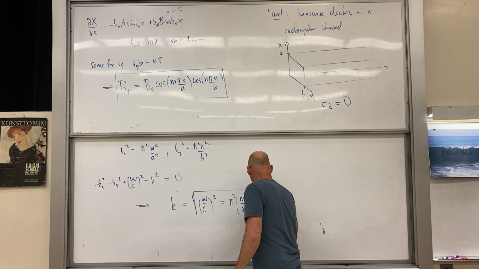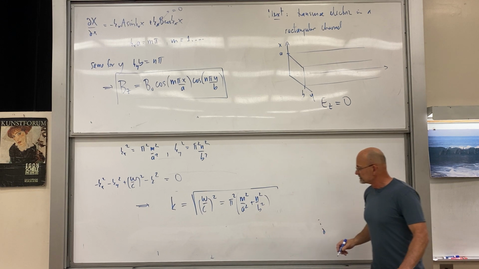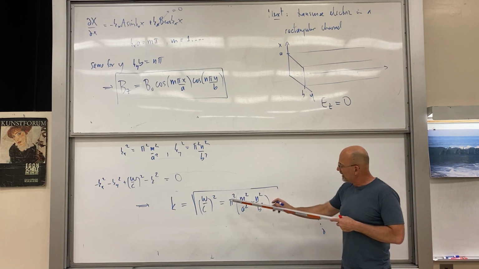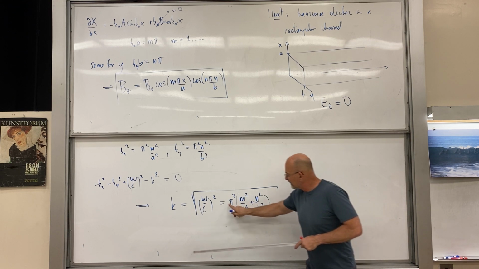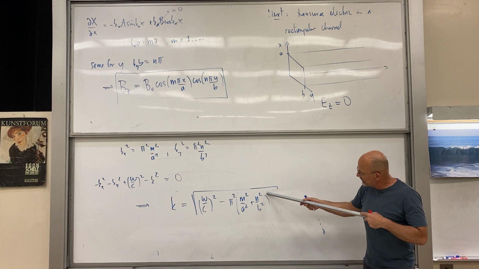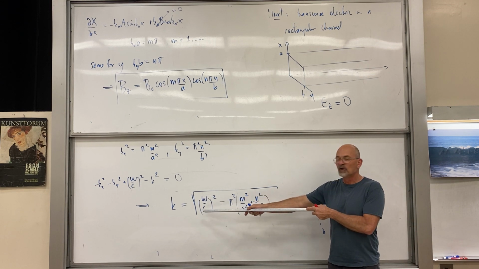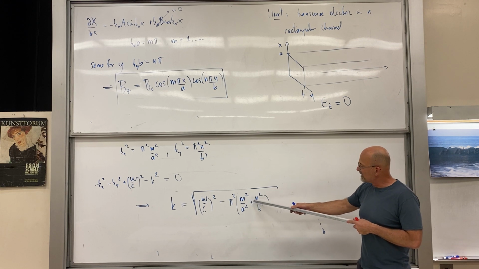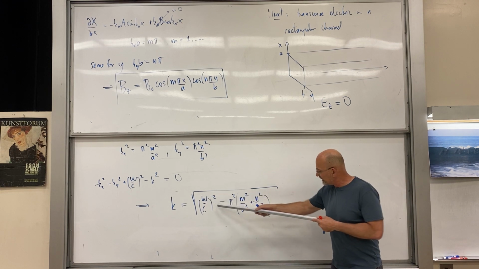Plus n squared over b squared. So for any given frequency, there's actually, that's a minus. There's actually going to be a cutoff where this part here is greater than omega over c squared. Okay. So you don't have an infinite range of these for any given frequency that you're sending down.